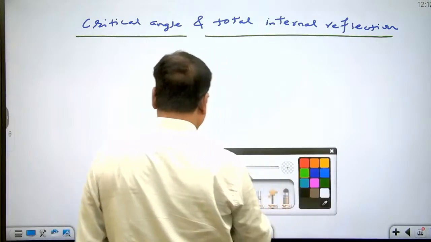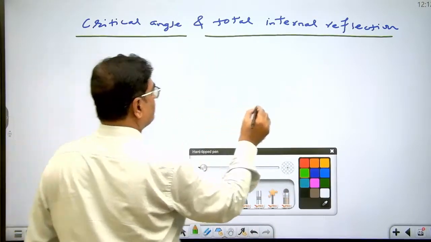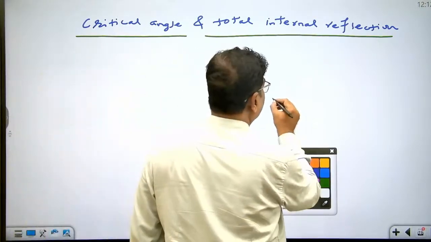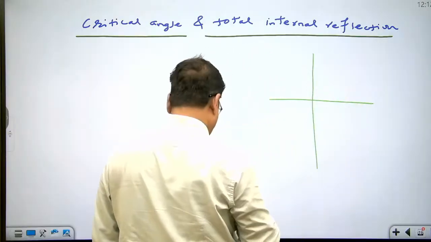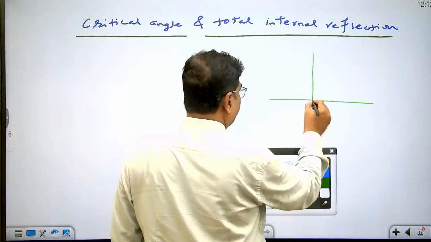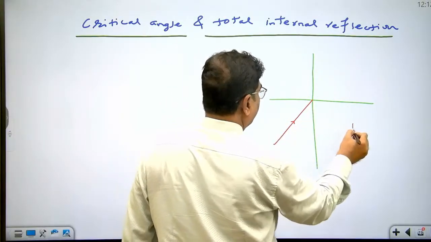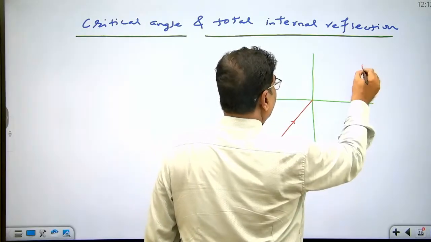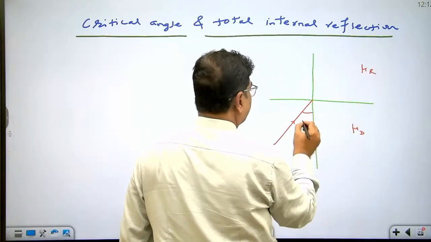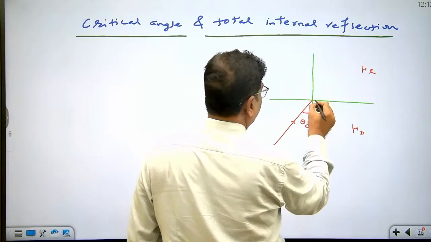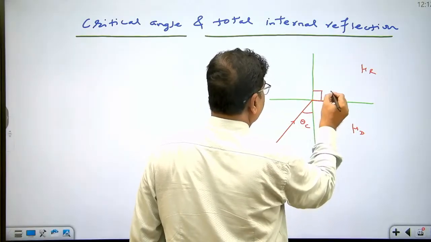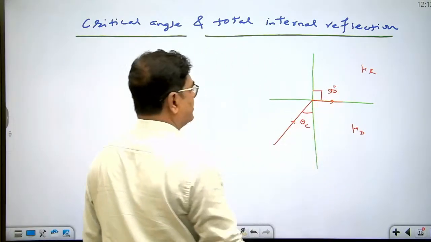Dear student, how do we define critical angle? Whenever any light ray moves from denser medium to rarer medium, at a certain angle of incidence the angle of refraction becomes 90 degree. This angle is called critical angle.